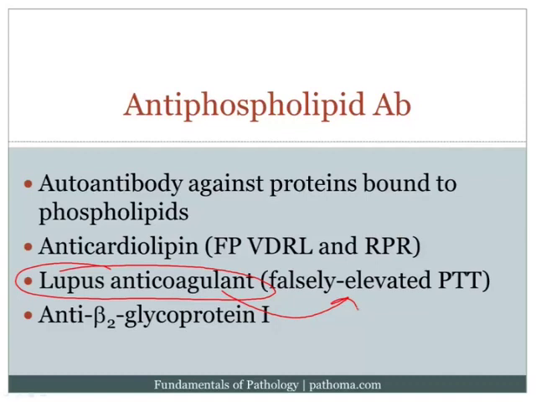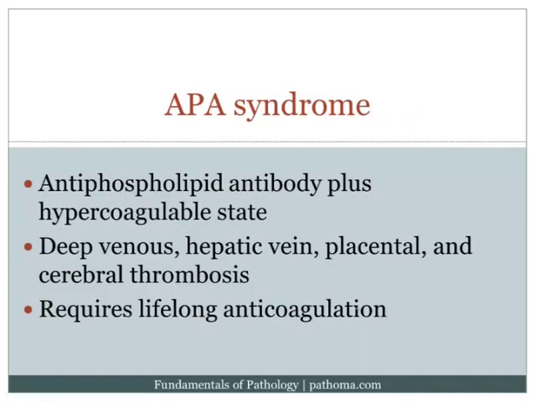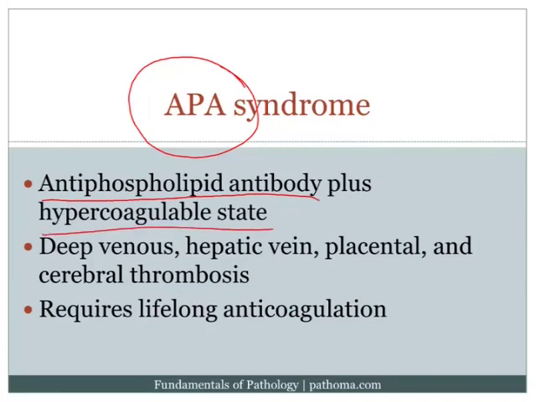Now what's interesting about these patients with lupus anticoagulant is that those patients can also have an associated syndrome called the antiphospholipid antibody syndrome. Antiphospholipid antibody syndrome is a syndrome where the patients have an antiphospholipid antibody, usually lupus anticoagulant, plus a hypercoagulable state. Now when they have this hypercoagulable state, what happens is the patients can get arterial and venous thrombosis.